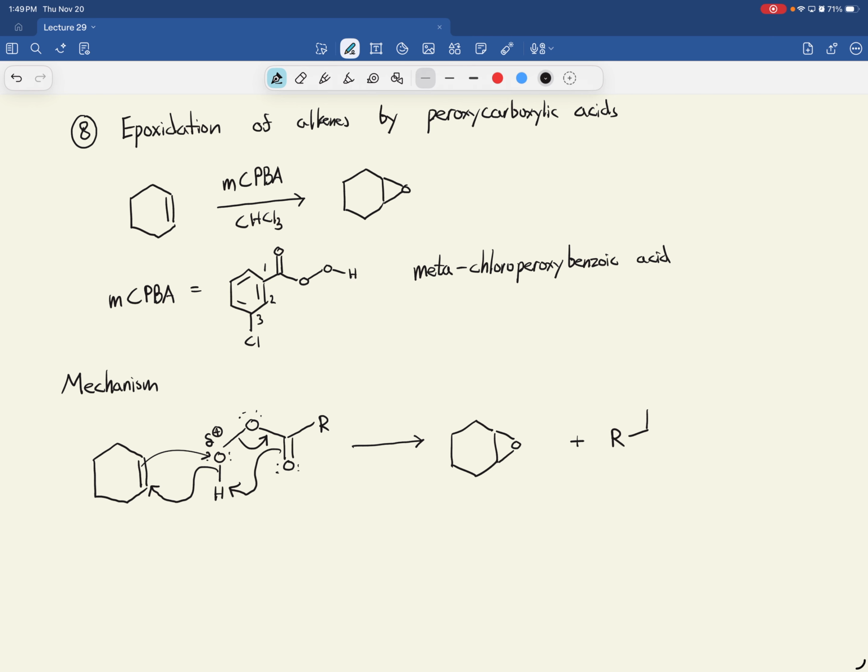So R, double bond O, OH. This OH is from this group, and this O is from this one. So you see they kind of swap places in the double bond.